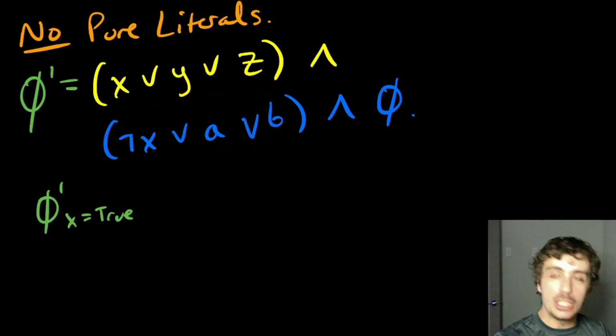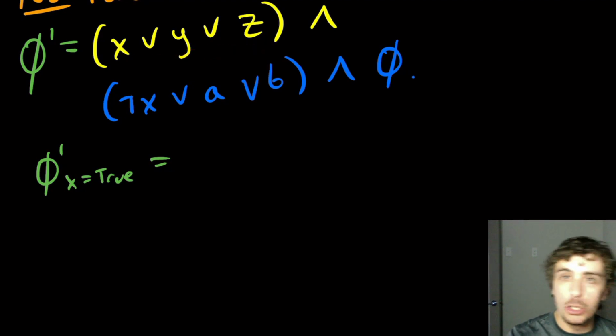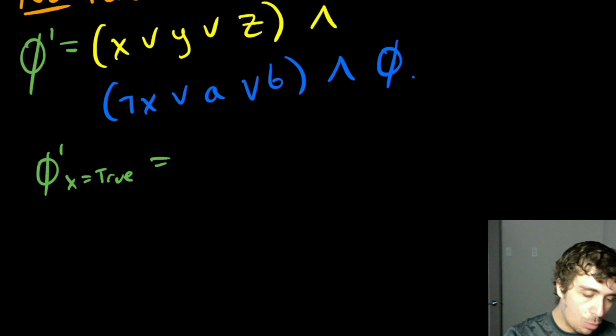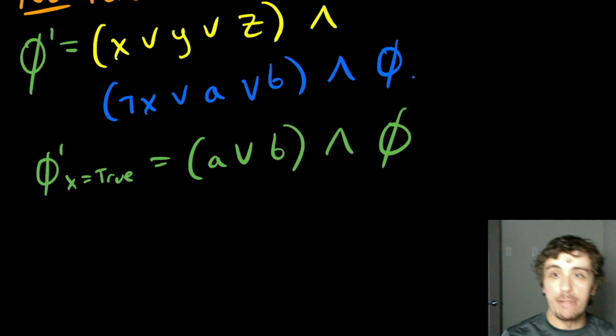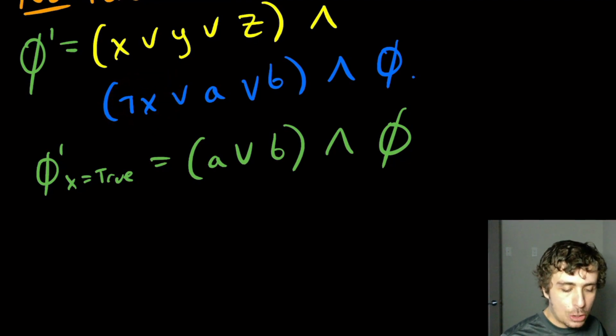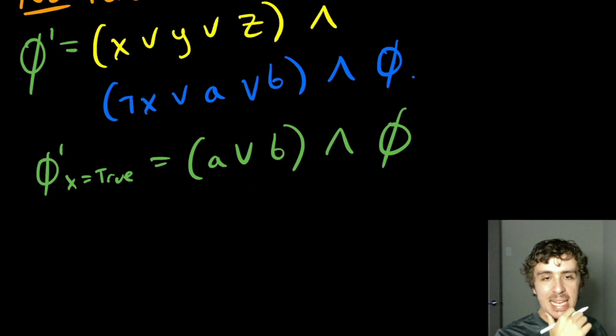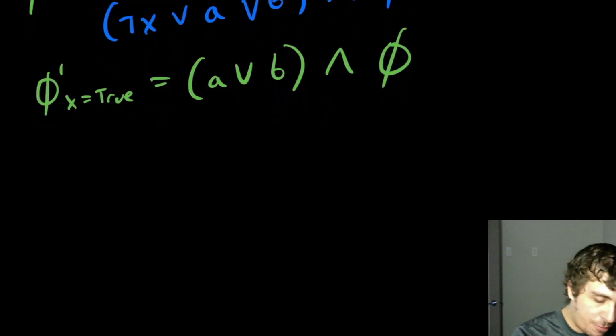So this clause is reduced to A or B. So this one is going to be equal to, well, this thing is true, so we can just forget it. This second one is going to be A or B and then phi. Okay, so it's actually slightly smaller than the whole thing, because we eliminated this right here. And here, since we only have two literals right here, we can deal with them a lot easier. So let's try to make a faster algorithm out of this.